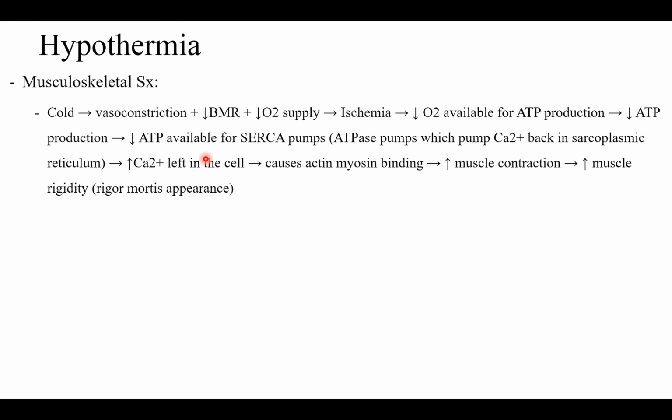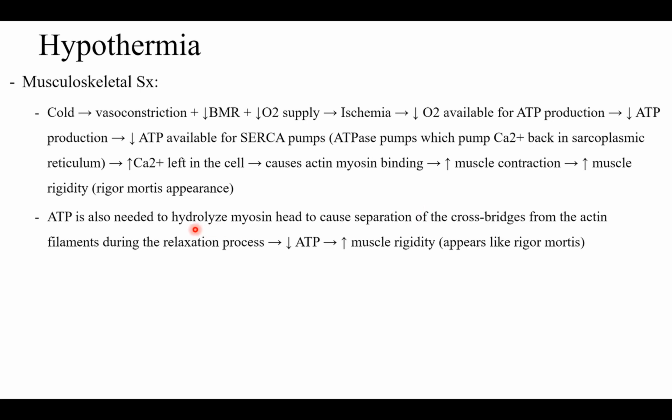So you will have less calcium going into the sarcoplasmic reticulum, causing increased cytosolic calcium. So more calcium available causes more actin and myosin binding and increased muscle contraction, and this causes an increase in muscle rigidity, and a hypothermic patient can have a rigor mortis like appearance.